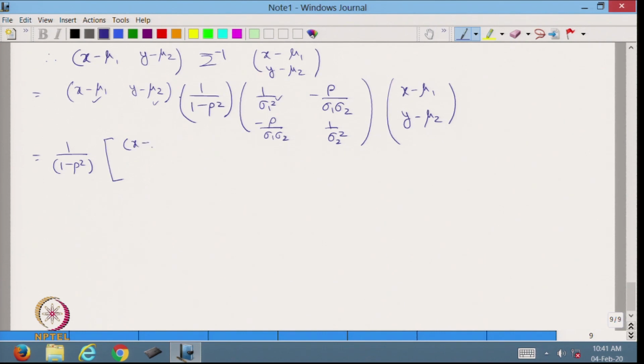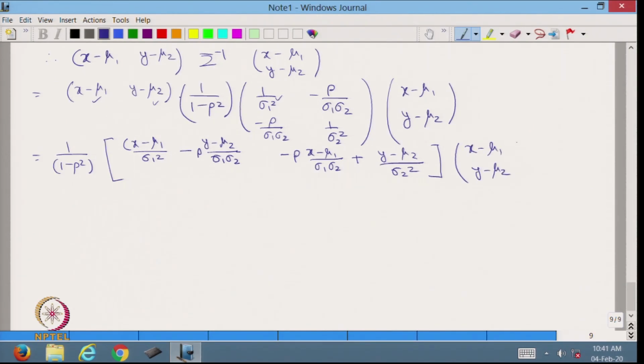Therefore, we are getting x minus mu 1 upon sigma 1 square minus rho y minus mu 2 upon sigma 1 sigma 2, and the second term is minus rho x minus mu 1 upon sigma 1 sigma 2 plus y minus mu 2 upon sigma 2 square, multiplied by x minus mu 1, y minus mu 2, is equal to 1 upon 1 minus rho square.